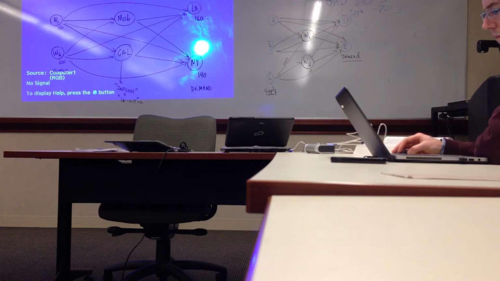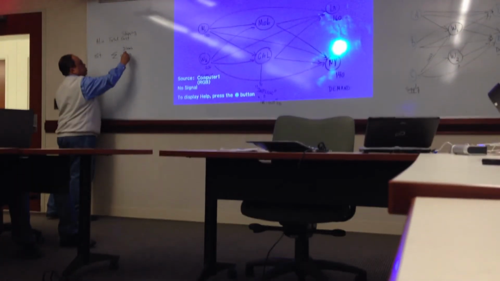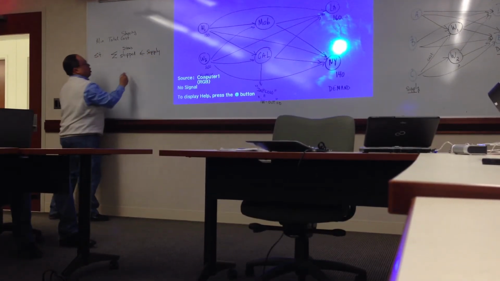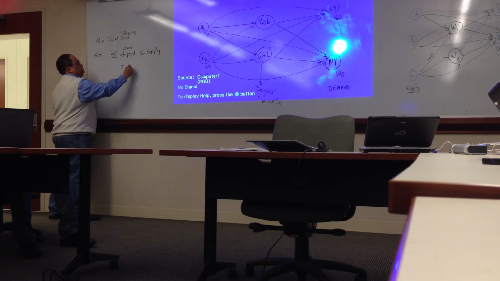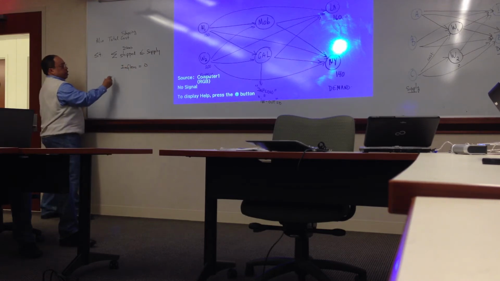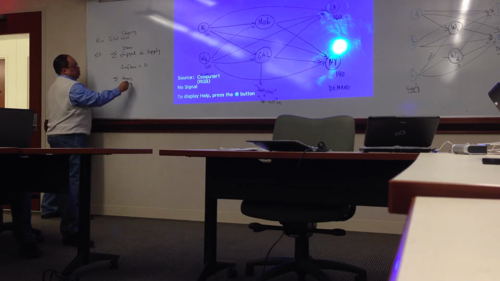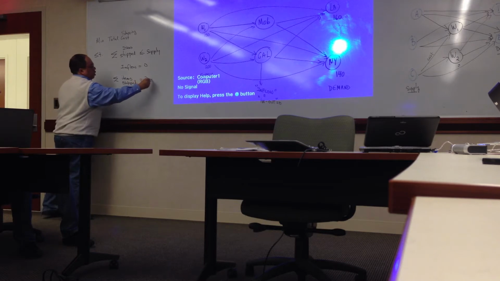So that means the constraint is the sum of the items shipped cannot exceed your supply, and your inflow must be equal to 0, and your sum of items shipped is equal to the demand.